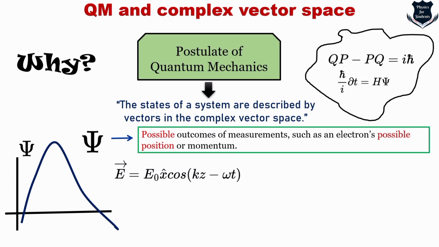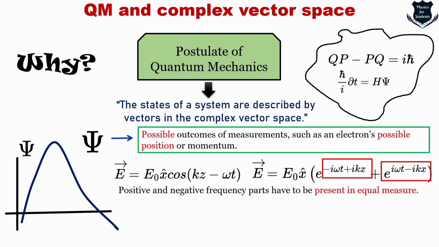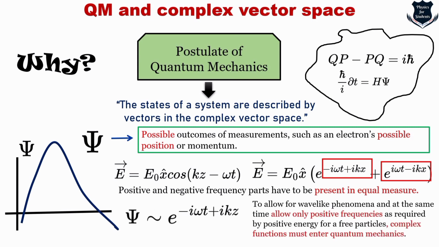Now, I have taken a general wave which moves along the x-axis. I'm just taking a snippet of my earlier video, so pardon me, I'm not explaining this much because again it will take some time. Here you will see the exponential goes as negative i omega t and then a positive i omega t. So what I am trying to tell is that the positive and the negative frequencies in the general movement of a wave have to be present in equal measure. That means there has to be a positive and a negative.